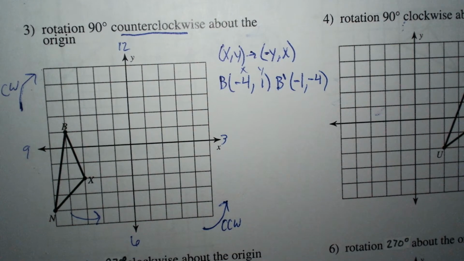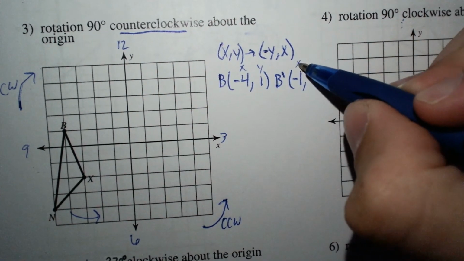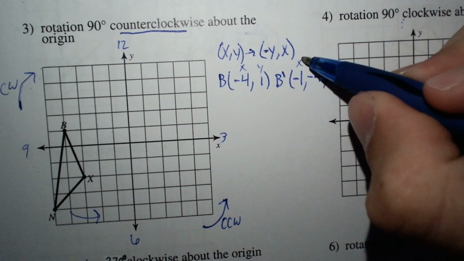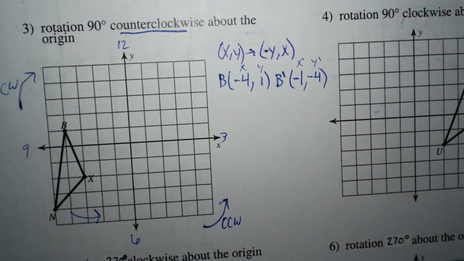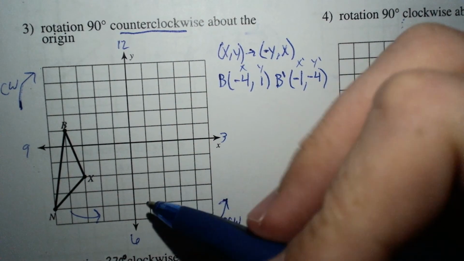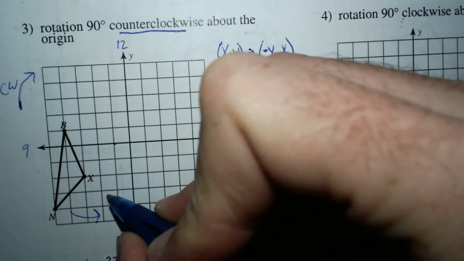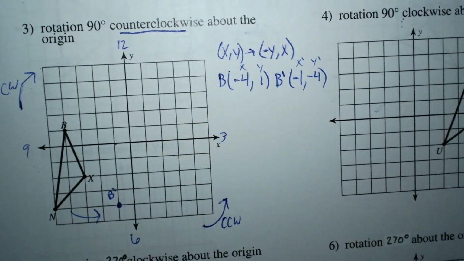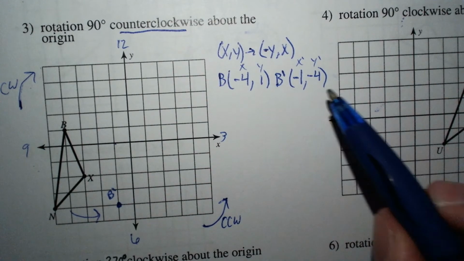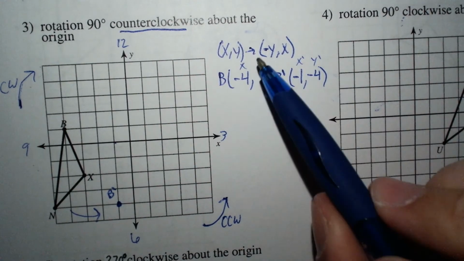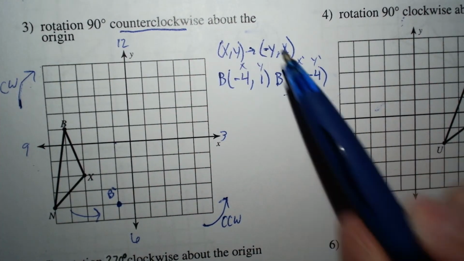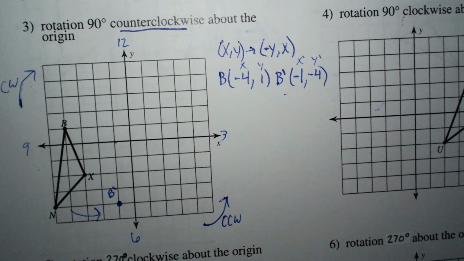Now, when I go to plot that, I still plot that as if it was my x and my y. x prime, y prime, basically. Okay, so when I plot it, I'm going to plot it as negative 1, negative 4 right here. Because this is a coordinate pair, but on the algebra side, on the math side, those flip-flop places. So it's very important you understand that.